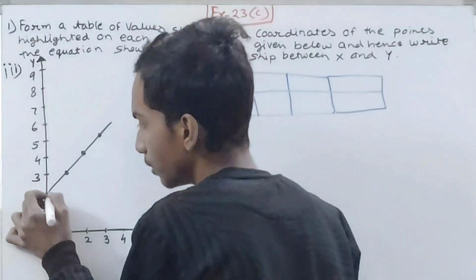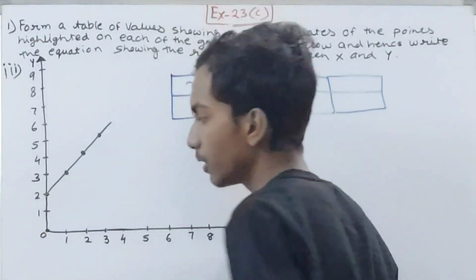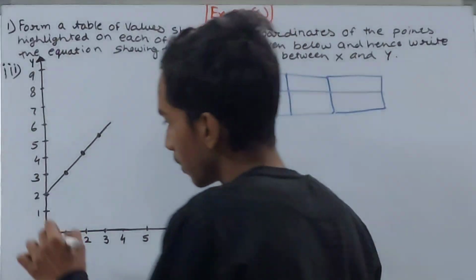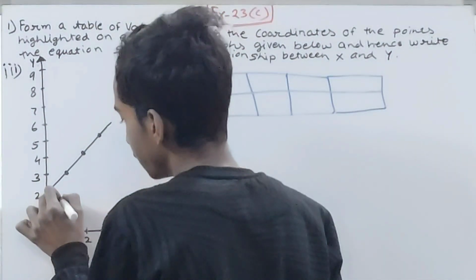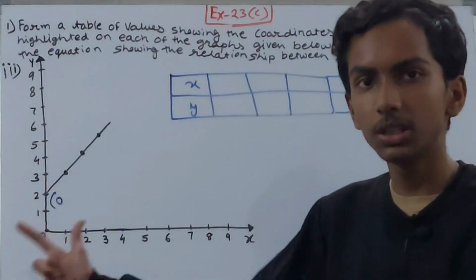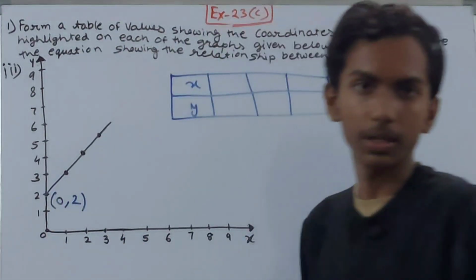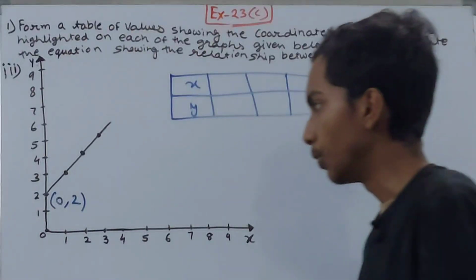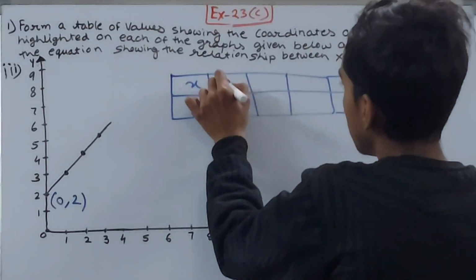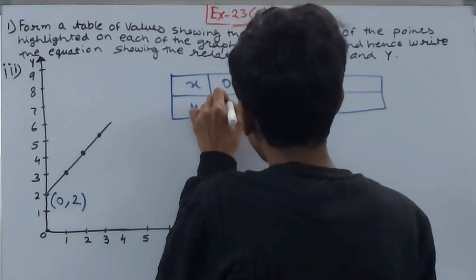When the value of y is 2, x is 0. Let's write down the coordinates for this point. What will the coordinates be? We will have 0, because the x coordinate is written first, so 0 will come first. Then 2 is the y coordinate. So 0 comma 2, that means 0 on the x-axis and 2 on the y-axis.